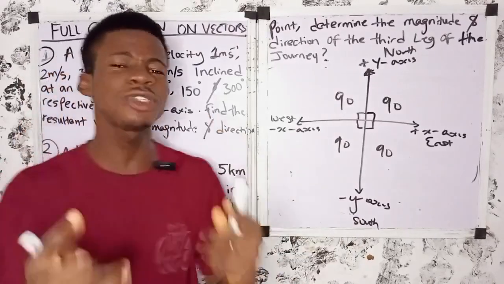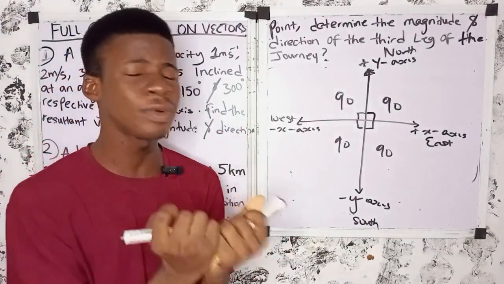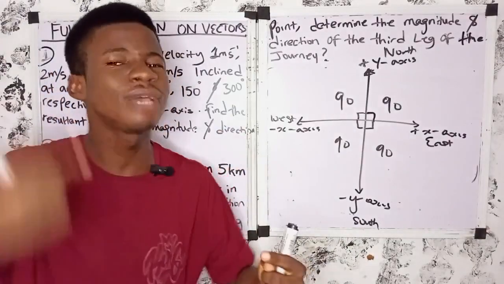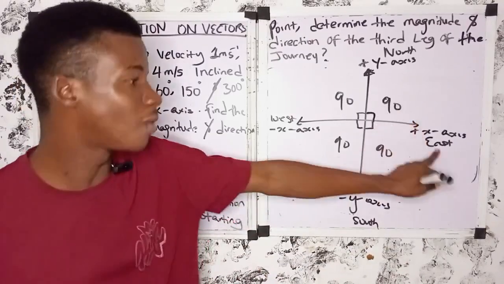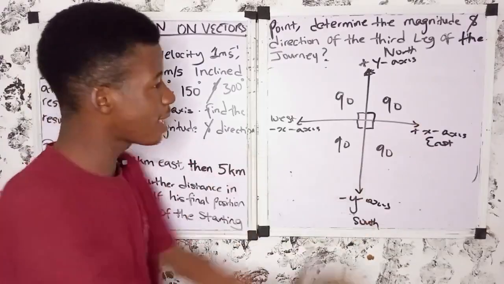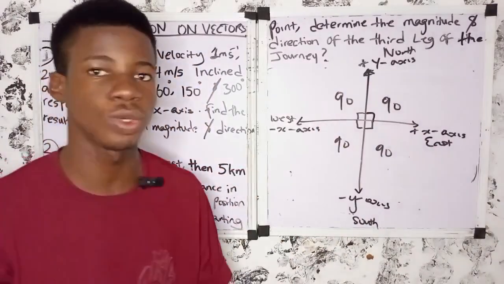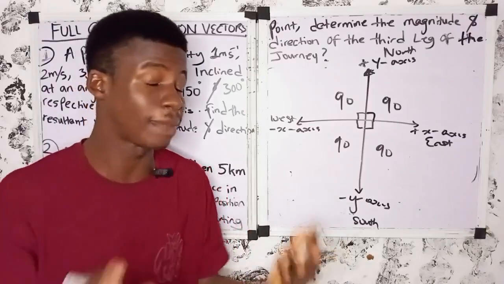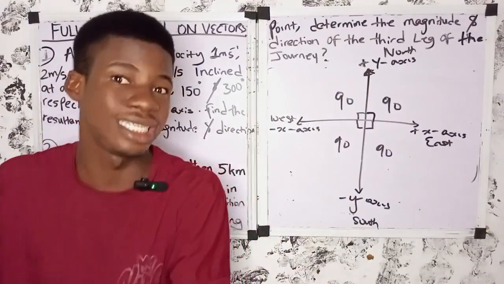One thing you need to take note of is that whenever we are getting an angle, we usually make reference to the positive x-axis, the east direction. Here is 90, here is 90, here is 90, here is 90, because the lines are all perpendicular, at right angle, which is 90 degrees to each other.